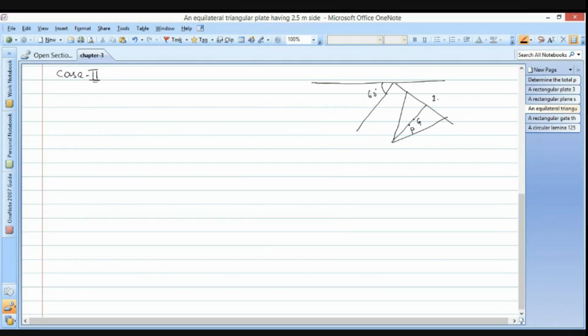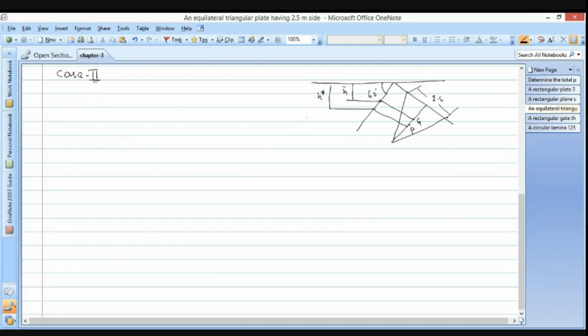The base is 2.5, as well as this side is also 2.5, and the height is 2.16 we get. Now we need to take a projection of this G over here and P is here. So this distance from the free surface is h cut, and the distance of this is h star.